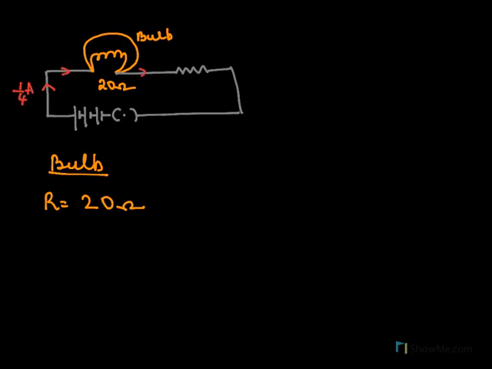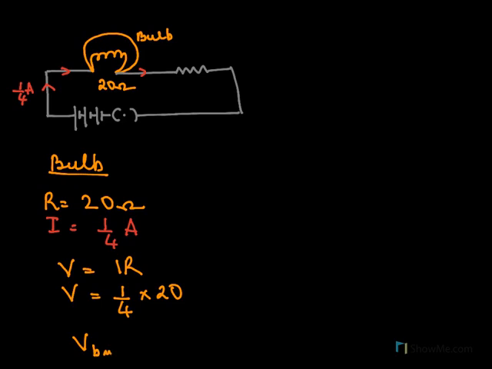It is the same current that will flow through both. Now to find the potential difference, we use the formula V equal to IR. V we do not know, we need to find it for the bulb. Current is 1 by 4, resistance is 20. So the voltage across the bulb is 5 volts.